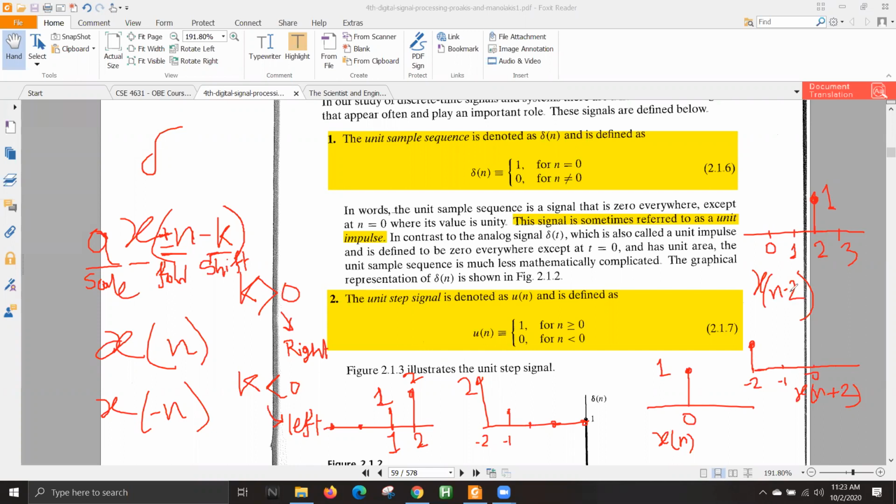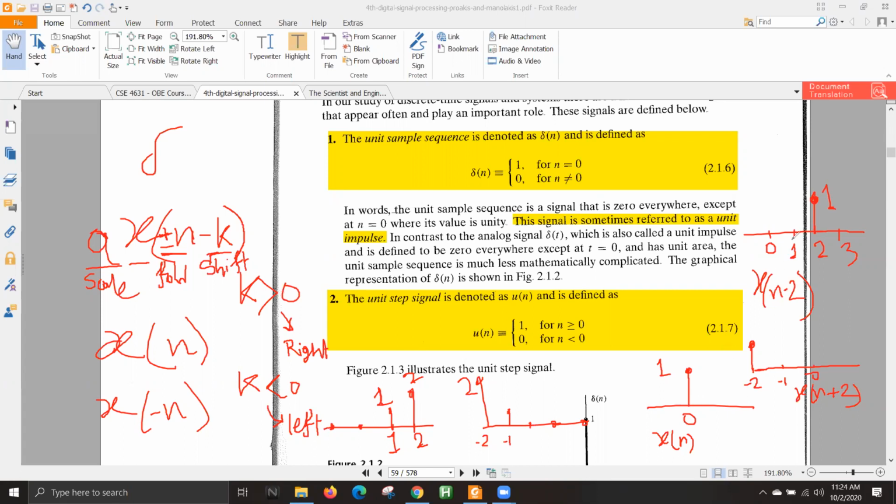How are x[n-2] and x[n] related? You can think of it in this way. x[n] had 1 in the 0th position. In x[n-2], what value do you have to put for n in order to have the same signal?